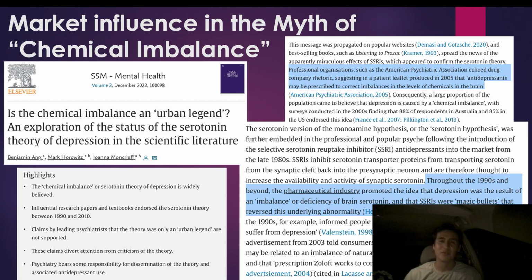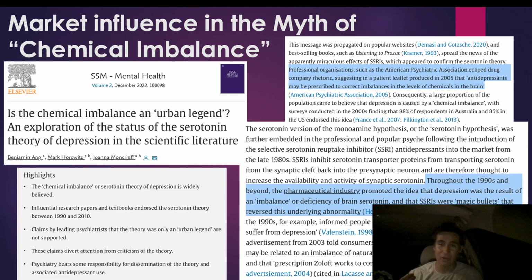So professional organizations such as the APA echoed drug company rhetoric, not even rhetoric, but not the actual findings of academic research, right?